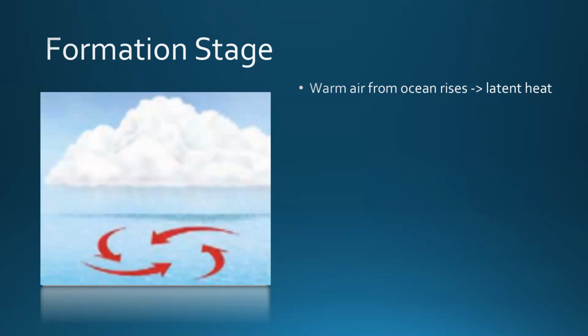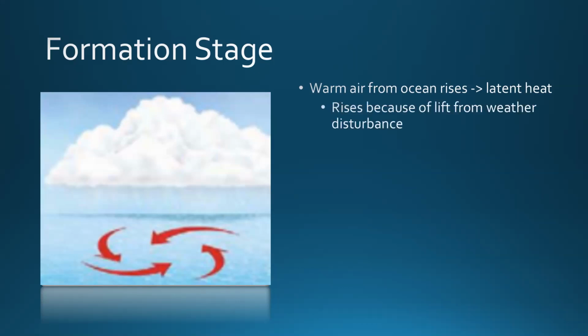So when your water vapor, the gas in the air, goes into liquid water as the cloud begins to form, latent heat is produced, meaning it's giving energy to the surrounding air mass, which ultimately gives the energy needed to create these huge storm clouds.